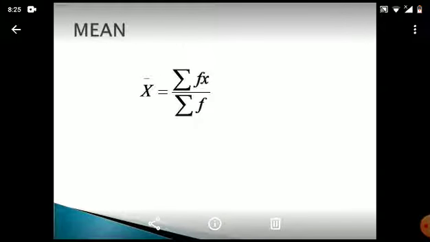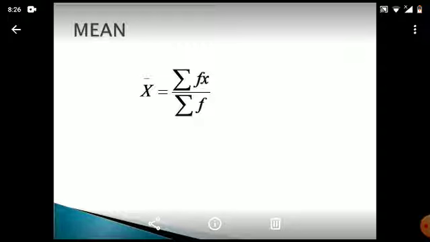After identification, we move to the formula of mean, that is equal to sum fx over sum f. Sum fx is found very easily. Just multiply f with x, where x stands for the midpoints and f stands for the frequency. First you multiply f with x and then you add, and you will get your sum fx answer.